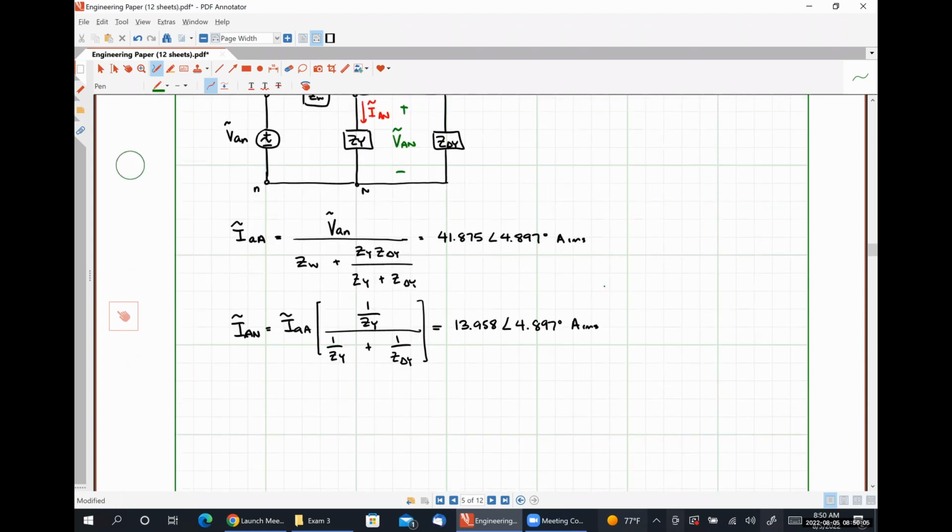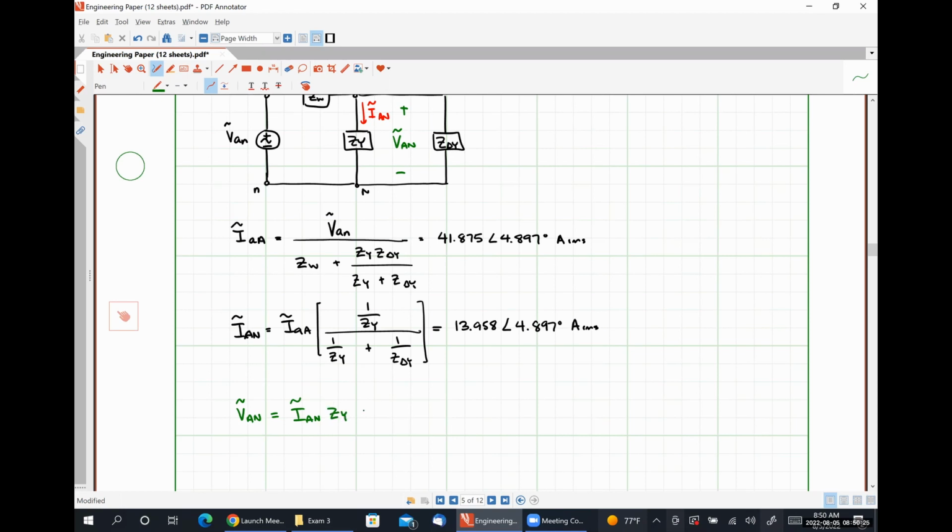So that would look like this, okay? VAN is simply IAN, which we solved for a moment ago, times ZY, which comes out to be 115.104 angle 18.933 degrees volts RMS.